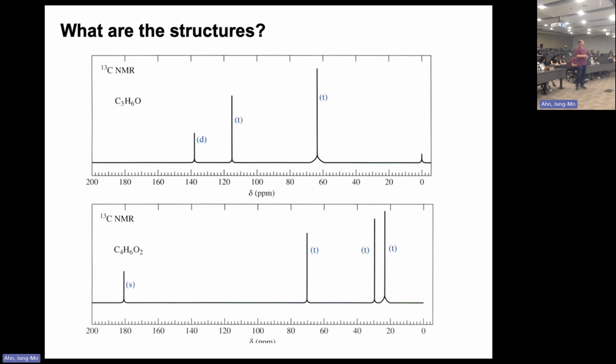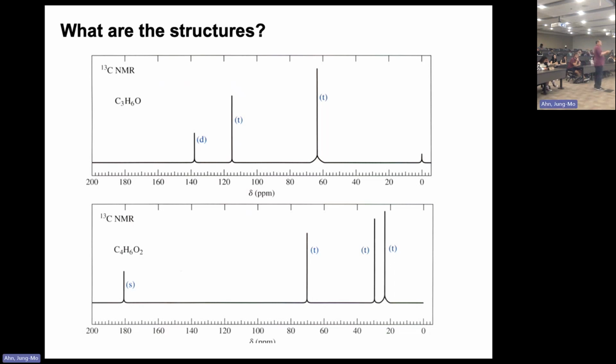So that will be 3 minus 3 plus 1. So there will be 1 degree of unsaturation here. That could be either a double bond or a ring structure. But we know it's a double bond because we have peaks showing up here, the double-bonded carbons. So these 2 peaks in that region mean that these 2 carbons are making a double bond.